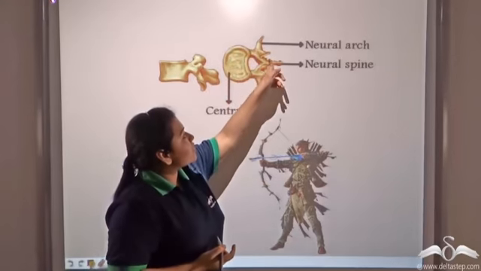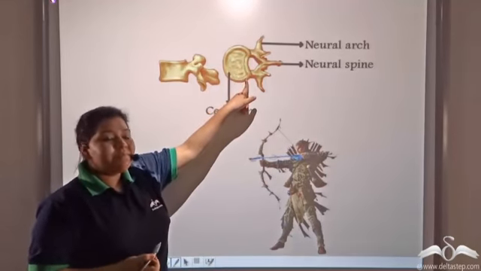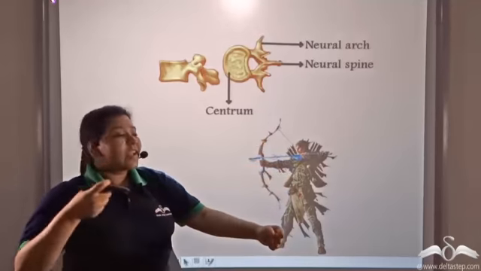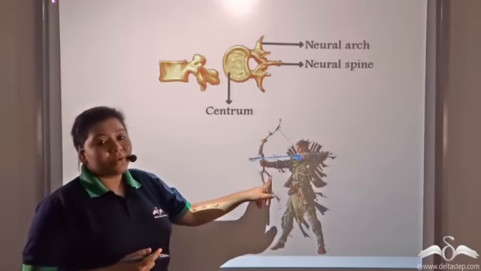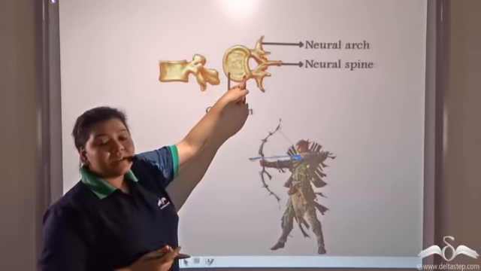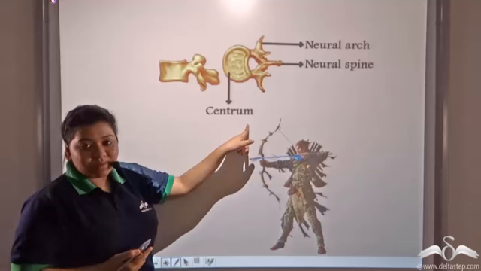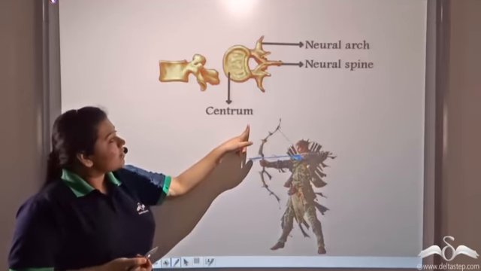This is what a vertebra looks like, and it closely resembles a man stretching an arrow on the bow. The central part of the vertebra is known as the centrum, which means central.